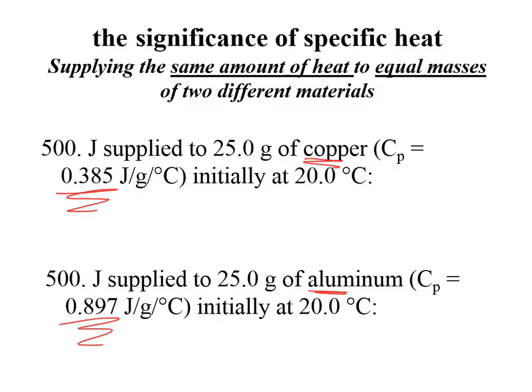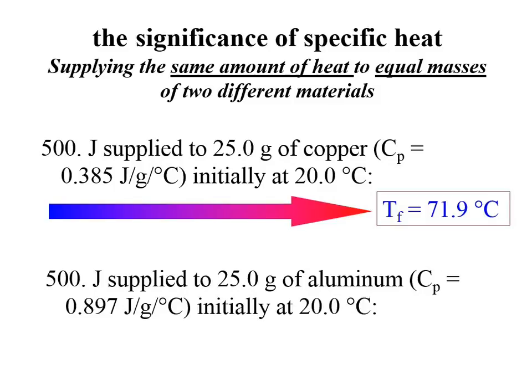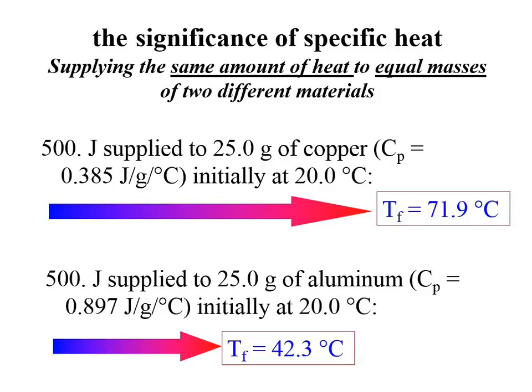And this little thought problem is just saying we're going to zap both of them with 500 joules of energy. And they have the same masses. So does this make sense that with regard to their final temperature, the one that is more stubborn to heat up, we're zapping it with the same amount of energy, but its final temperature is going to be less.